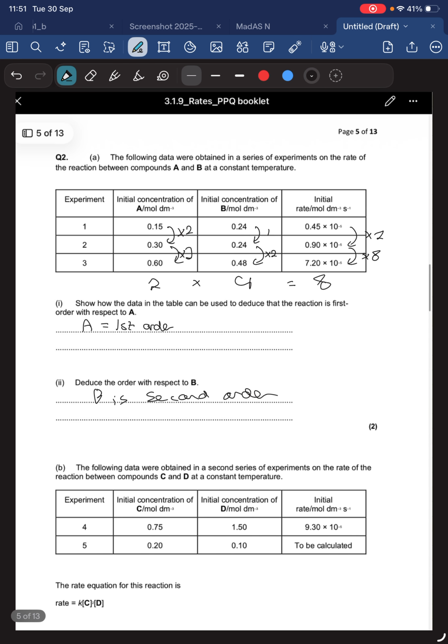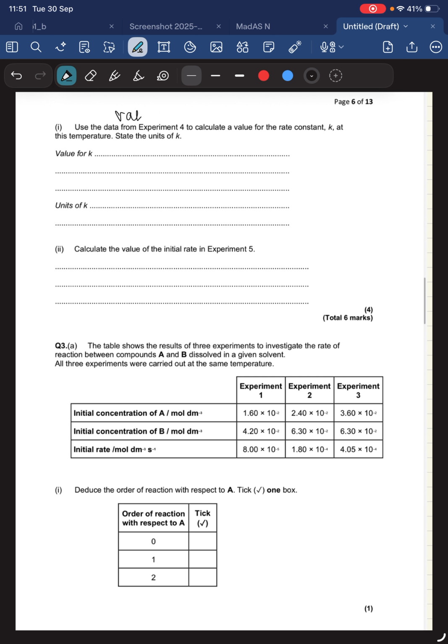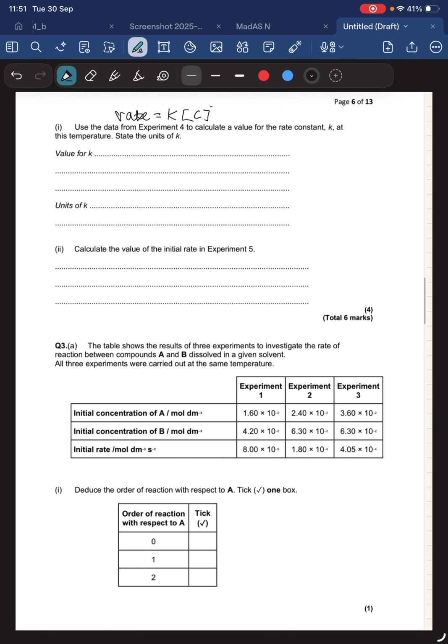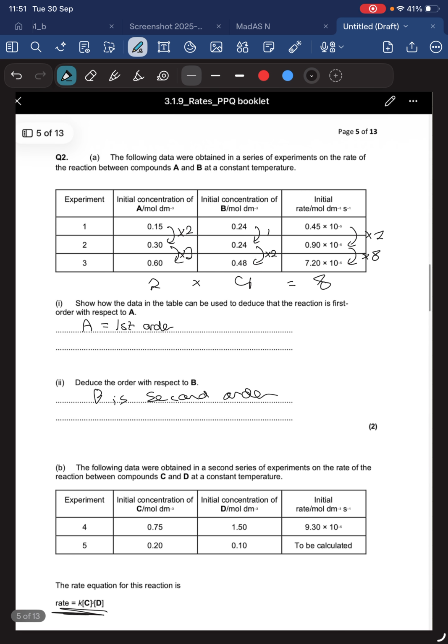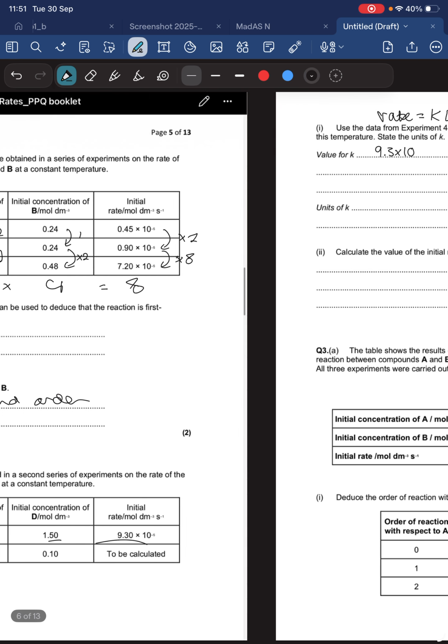Now, unfortunately, the equation's over here, so let's just move it over here. Rate equals K, what was it, C squared? Yeah, C squared, and then D. Okay, and so what do we do with this one? So we got C, and we got D, and we got rate. Again, 9.3, what was it, times 10 to the negative 5.